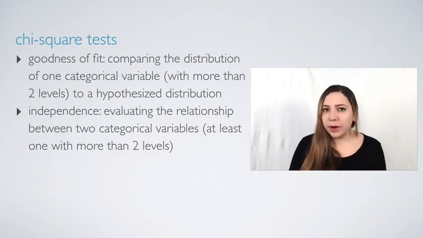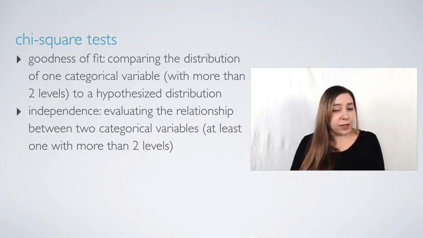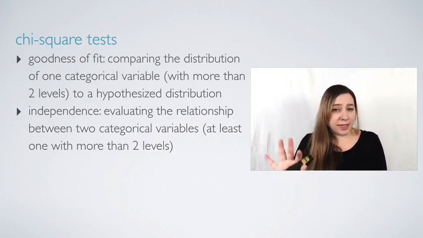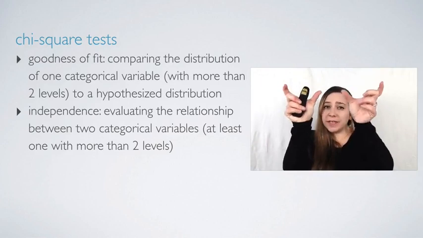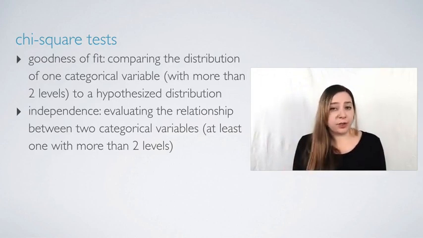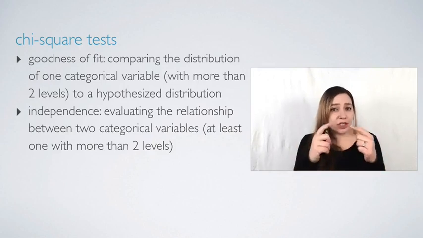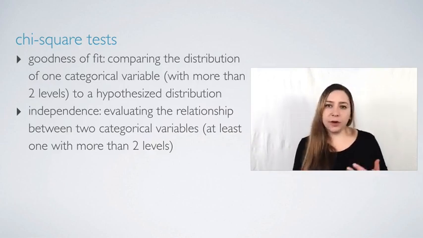So with a chi-square goodness of fit test, we only have data from one variable, so you can think of that as one column of observed data that we compare to a hypothesized distribution. In a chi-square test of independence, we have data from two variables, so that's two columns of data, and we evaluate the relationship between these two variables to determine if they're independent or dependent.